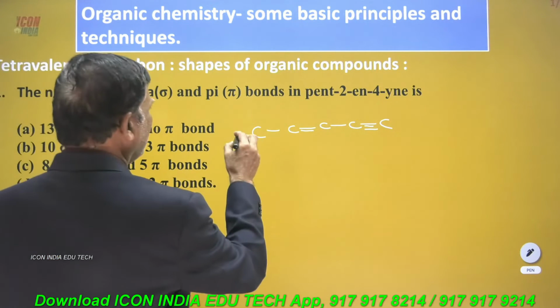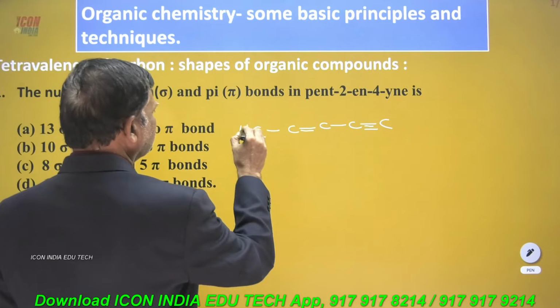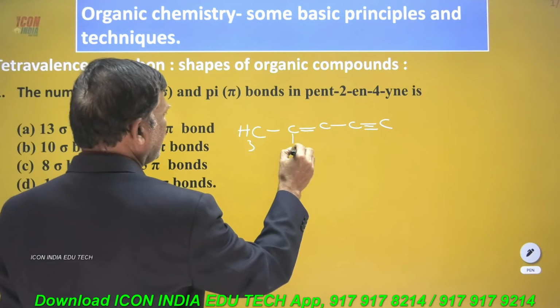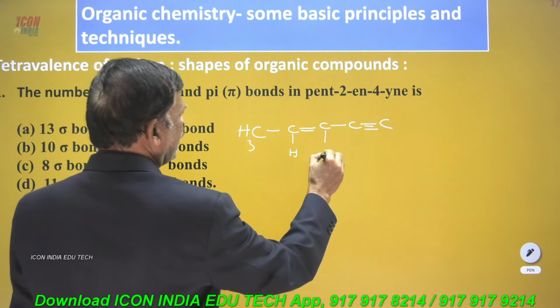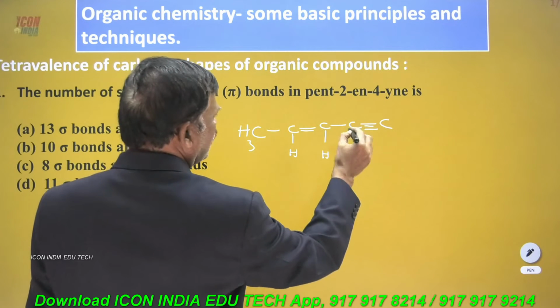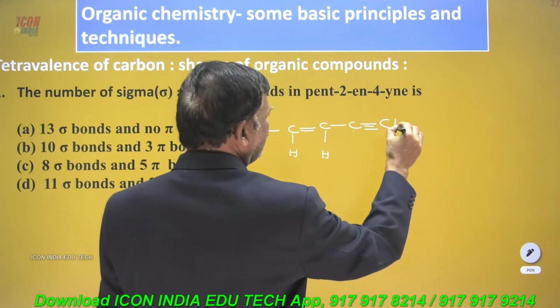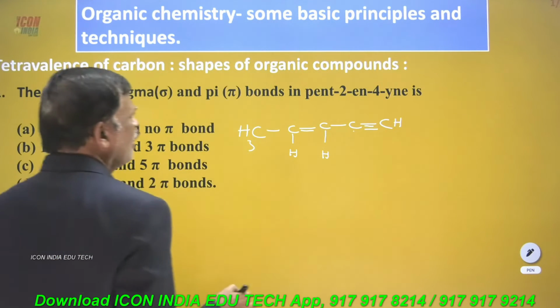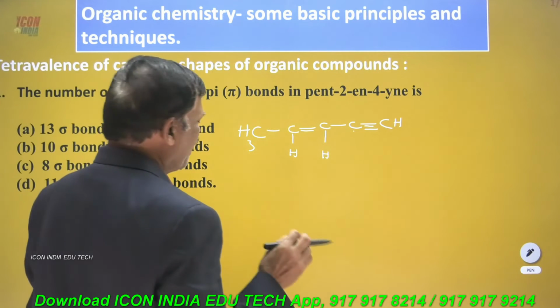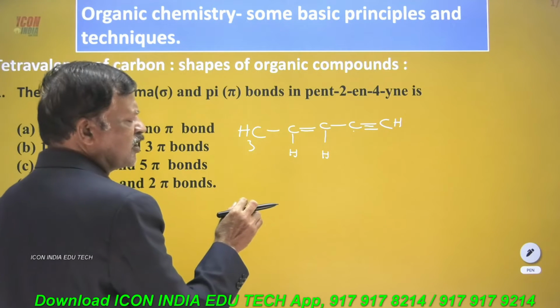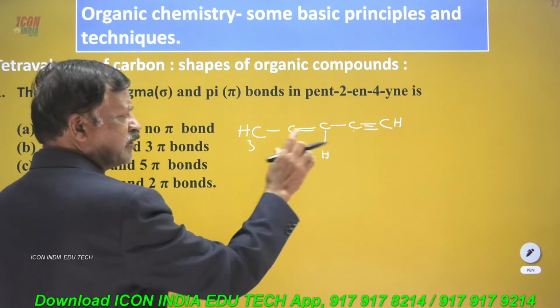The number of sigma bonds, here CH3, H, here no hydrogen, here H. How many? In the open chain, number of sigma bonds is equal to number of atoms minus 1.